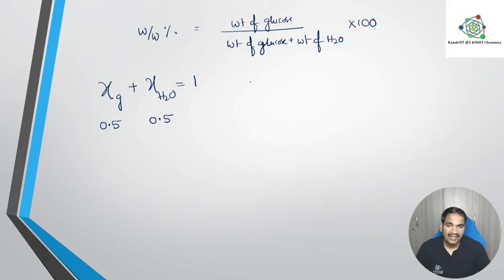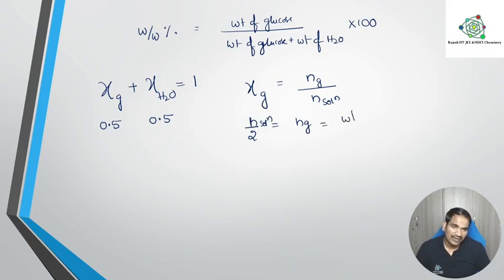Now the mole fraction of glucose is the number of moles of glucose divided by the number of moles of solution. Its value is 0.5, which means 1 by 2. The number of moles of glucose is weight of glucose divided by the gram molecular mass of glucose, which is 180.